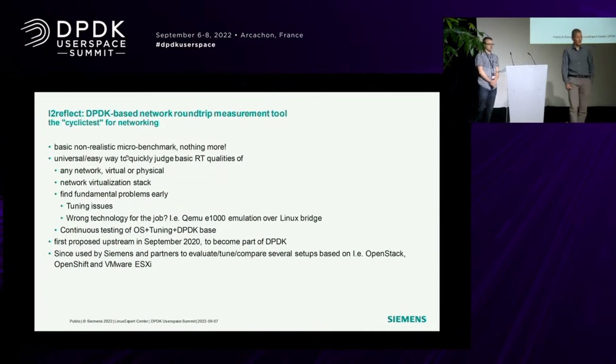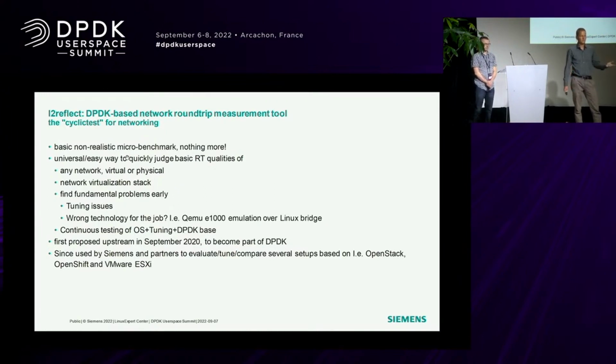So again, what is it? A super simple micro benchmark, nothing more. But it also turned out to be a pretty universal and quick way to measure any network for its real-time capabilities. You can take two PCs, put a cable in between, measure that, and say, okay, that's what those two processors and the NICs need.